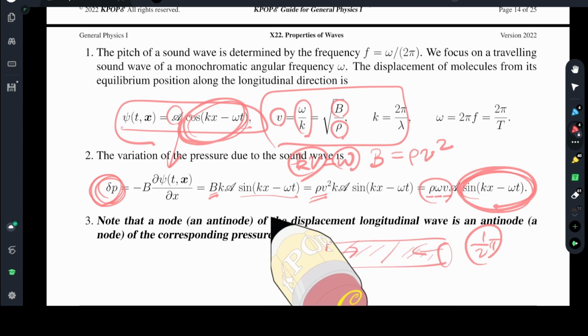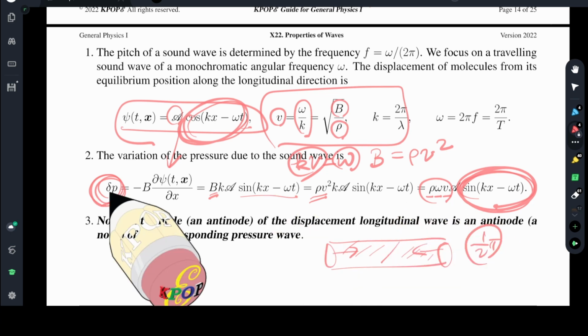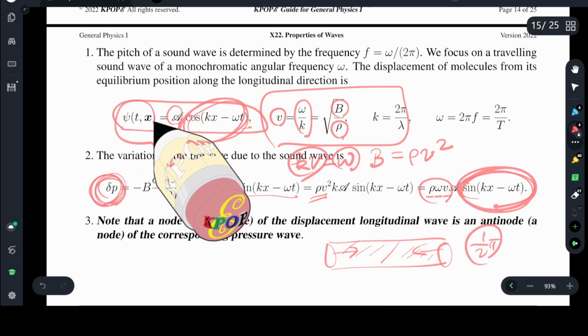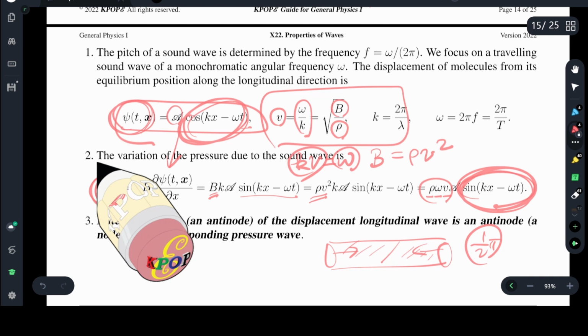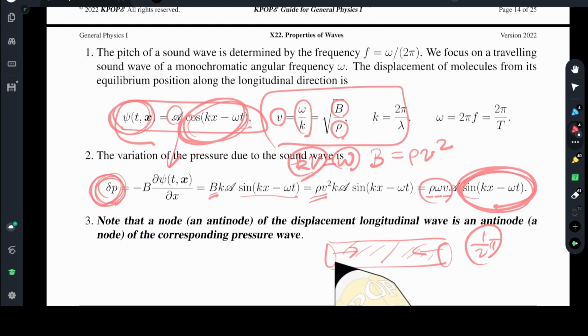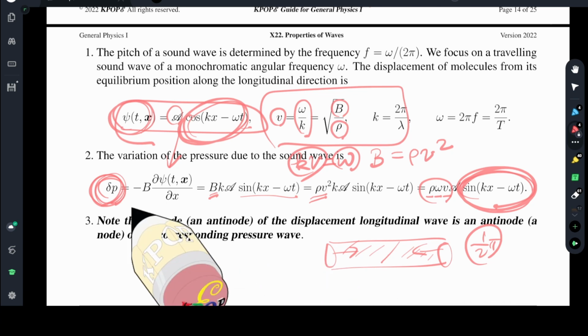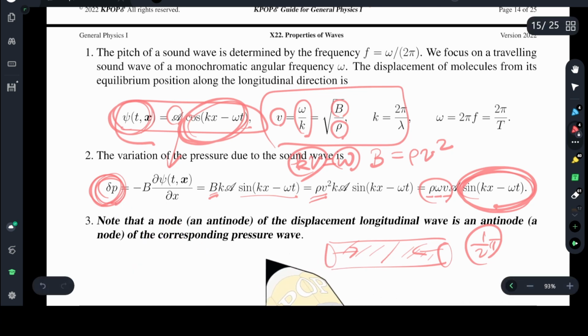Then you have to know the pressure dependence, not the displacement of the wave function. Because the sound is related to the pressure, and when the speaker vibrates it changes the pressure.